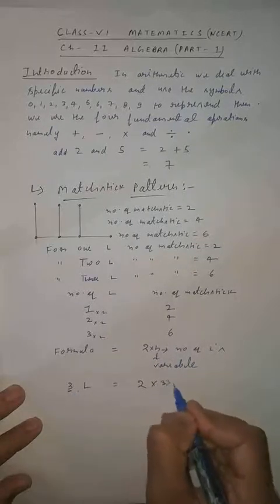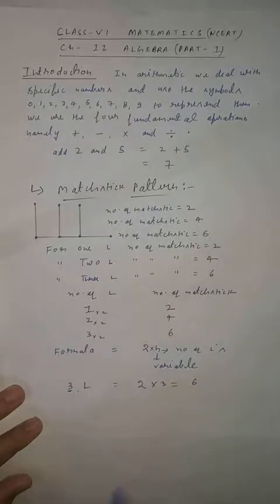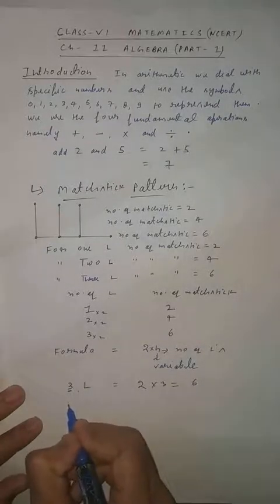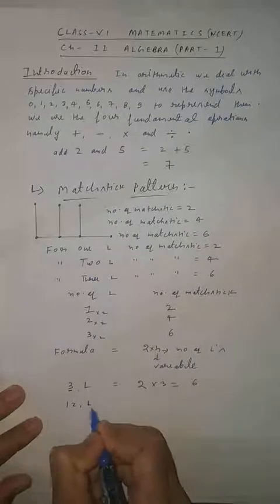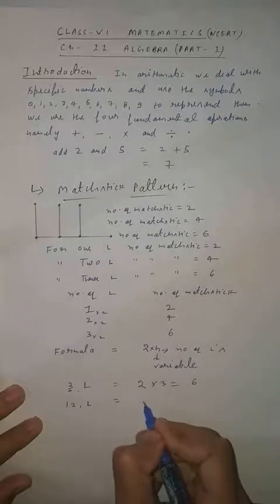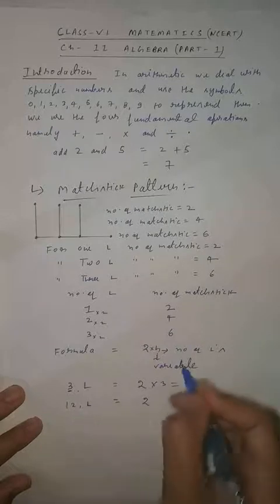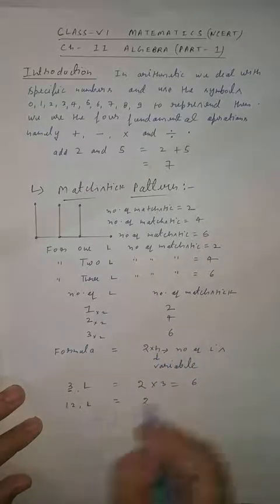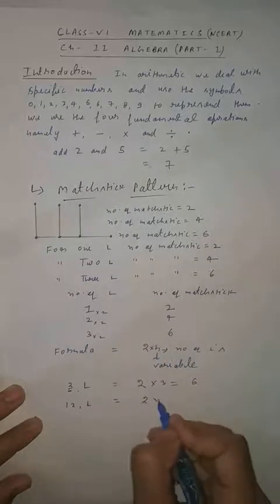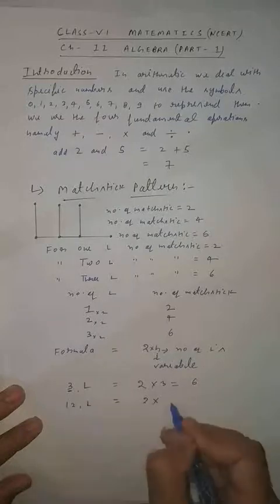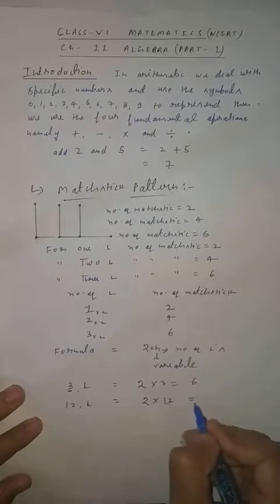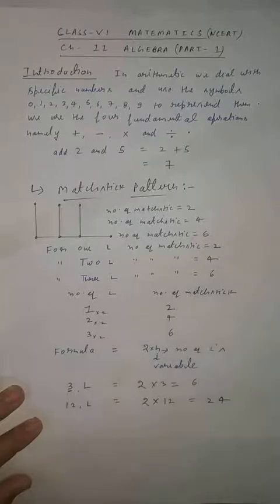So 2 times 3 will come 6. Again if you want 12L, you write the same 2, and the number of L is 12. Here n means the number of Ls. So it will multiply by 12, and it will come 24.